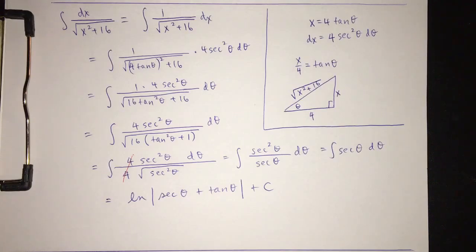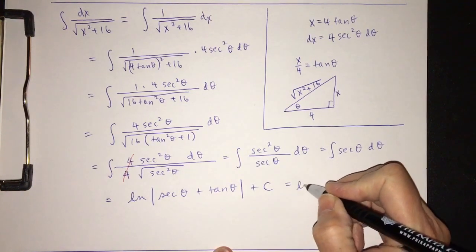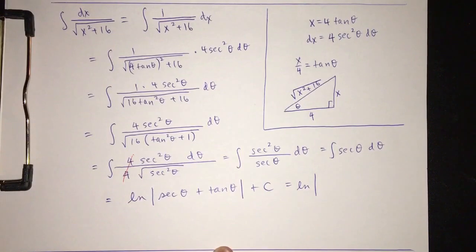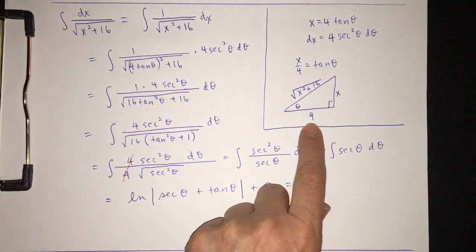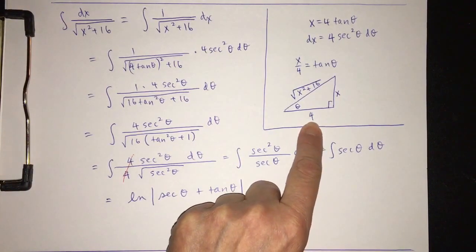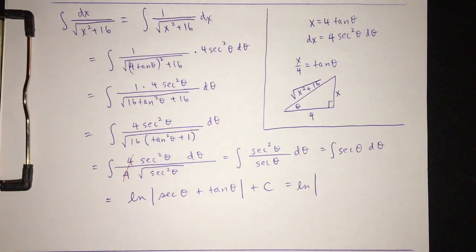From the triangle, I will read off these two trig functions. So I'll have the natural log of the absolute value. Secant theta, that is the reciprocal of cosine. So if you remember, cosine is adjacent over hypotenuse.